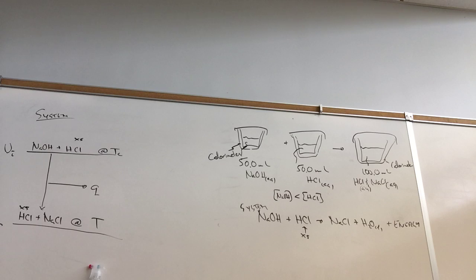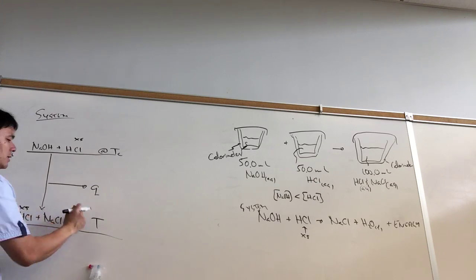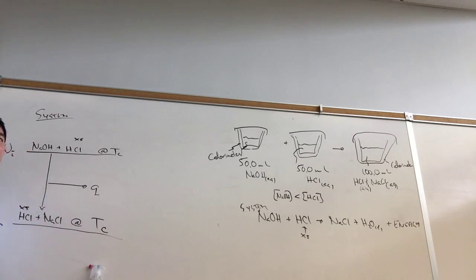Is our system an object or a reaction? Our system's a reaction. When we do a reaction, we want to keep the change strictly in terms of potential energy. And so it's not a T mix, it's actually a T cold.